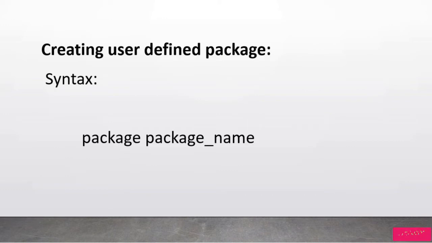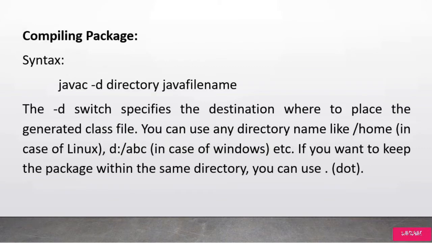And you can see the syntax for creating a package. For creating a package, we use the package keyword followed by the package name. After creation, we need to compile the package. For compilation, you have the syntax javac -d directory and java file name.